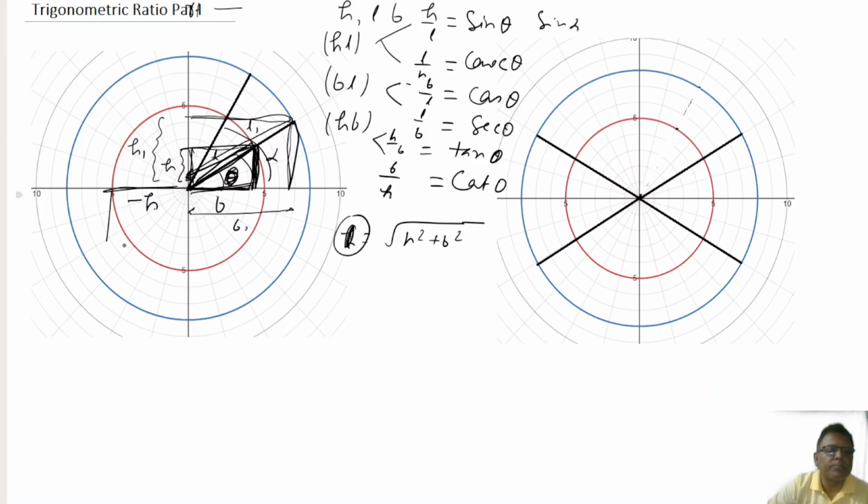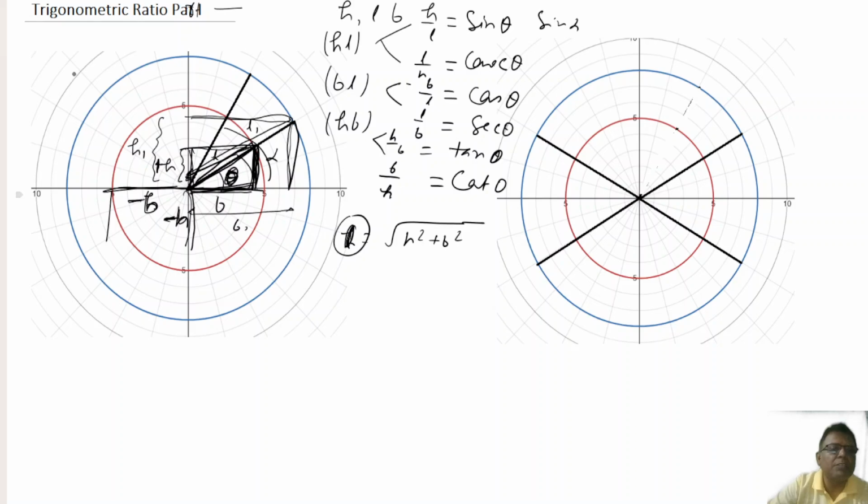Here both are negative. Here B is negative and H is positive. Here H is negative and B is negative. Here H is positive and B is negative. Here B is positive and H is negative.